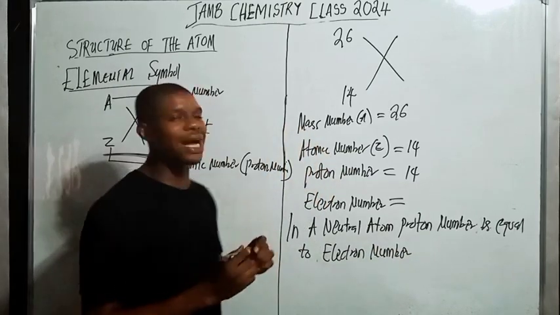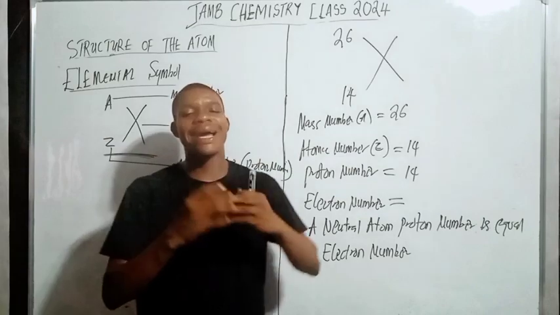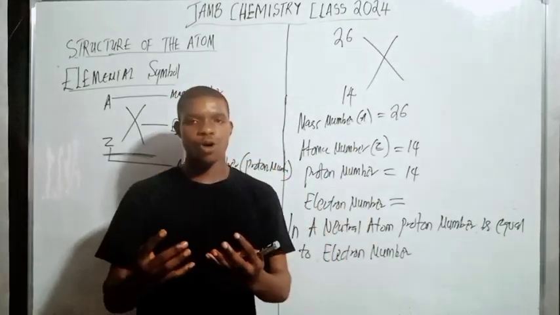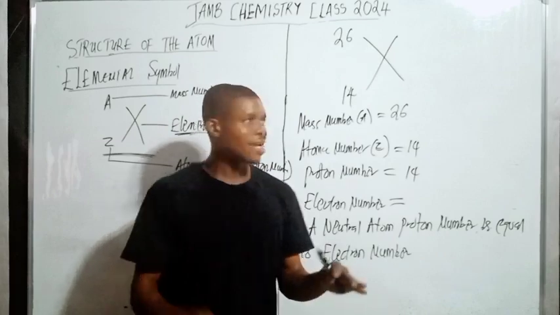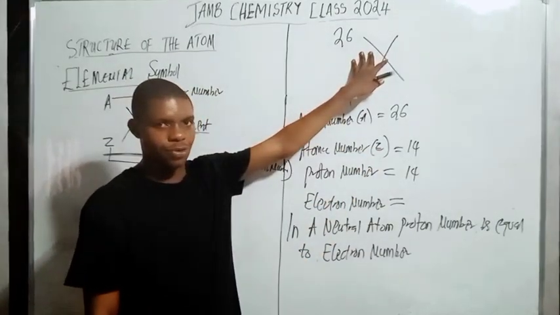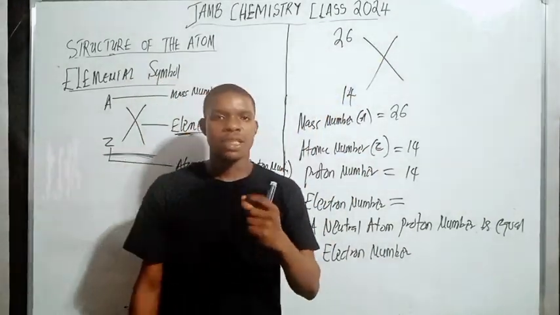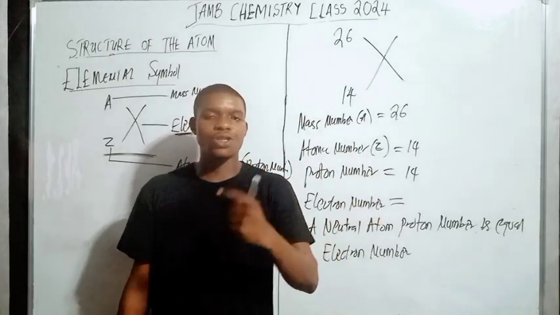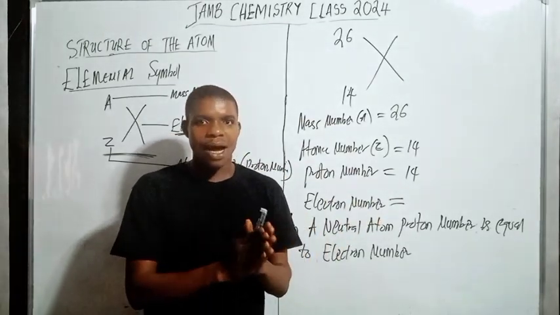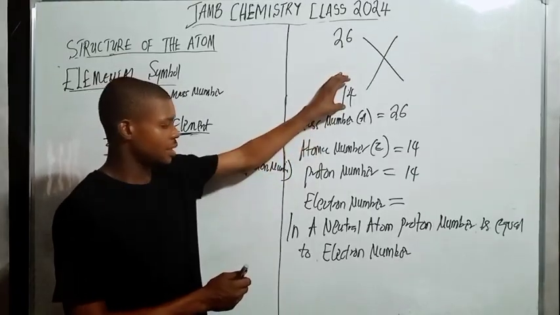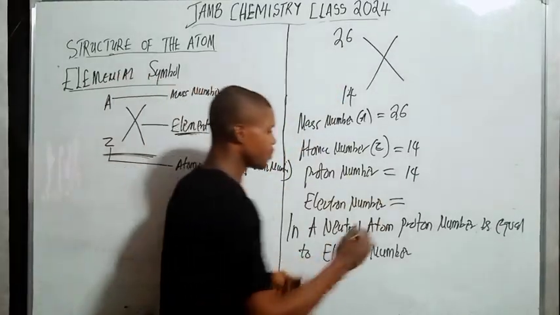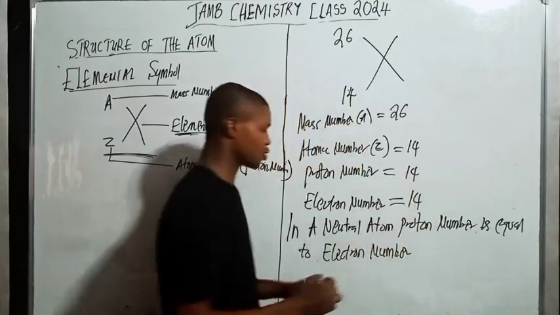So in a neutral atom, what do you understand by a neutral atom? A neutral atom is an atom that does not have charge. You understand? So in a neutral atom, the proton number and the electron number are the same. So if here is 14, then here is going to be 14, because it's a neutral atom.